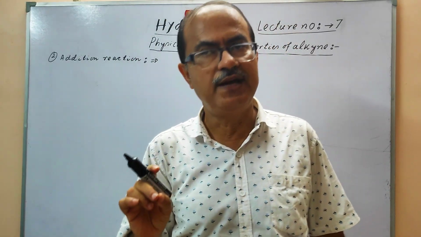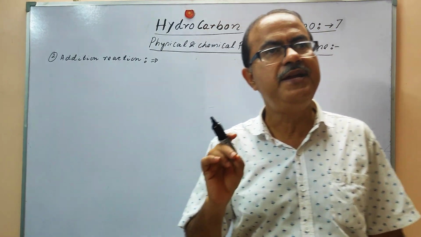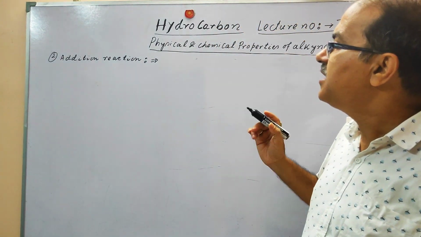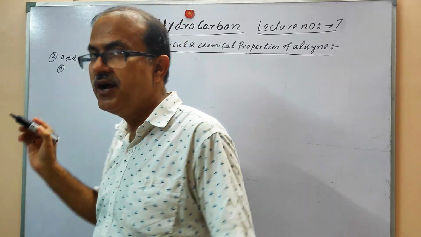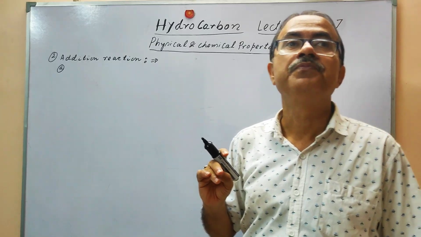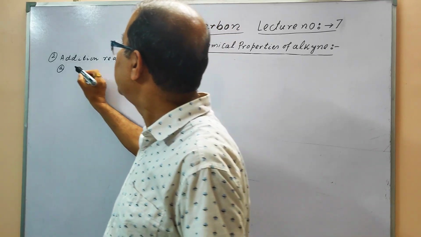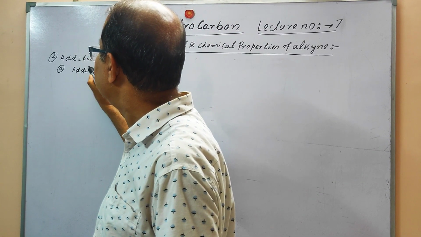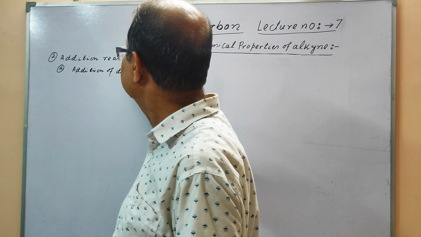This is basically electrophilic addition reaction, and it occurs in principle with Markovnikov's rule. First we are going to discuss different additions: dihydrogen, halogen, halogen acid, or we can say water also can be added under specific conditions. First we will discuss the addition of dihydrogen.